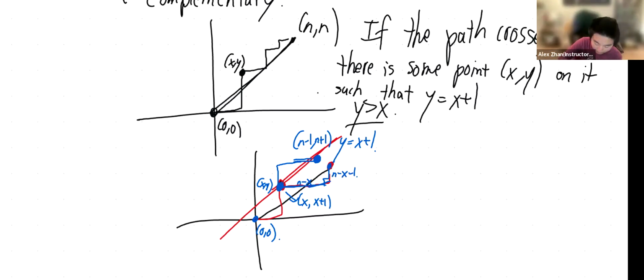When we reflect it across the line y equals x plus 1, we now move n minus x steps up and n minus x minus 1 steps to the right. Let me draw the line again.